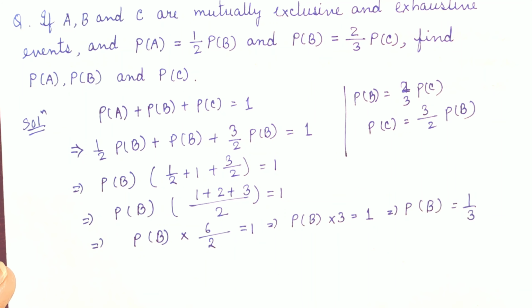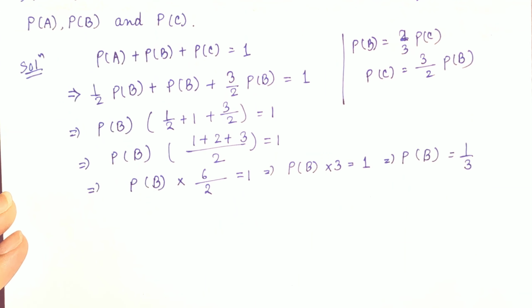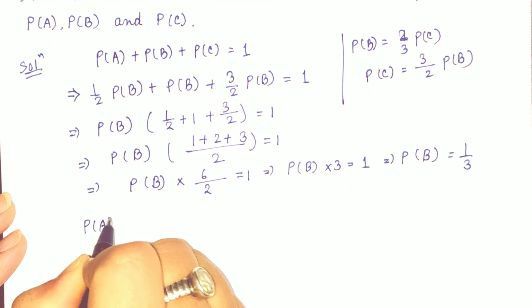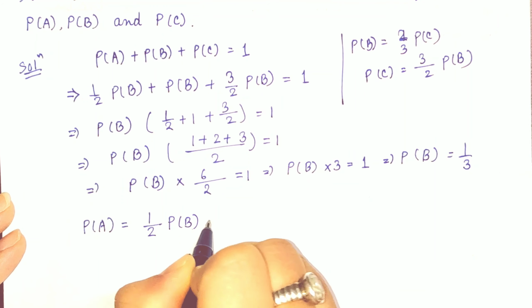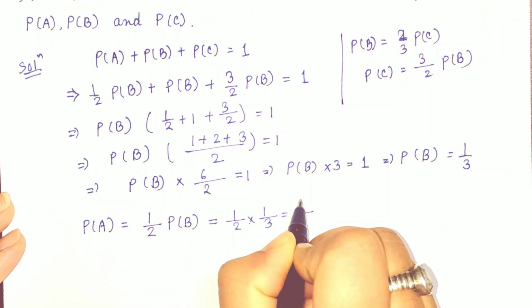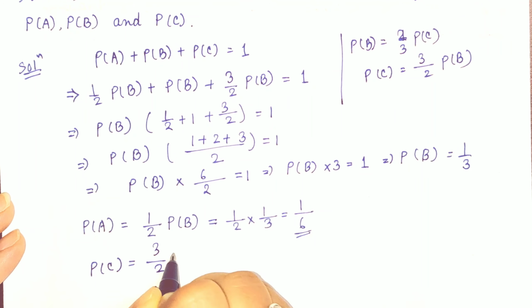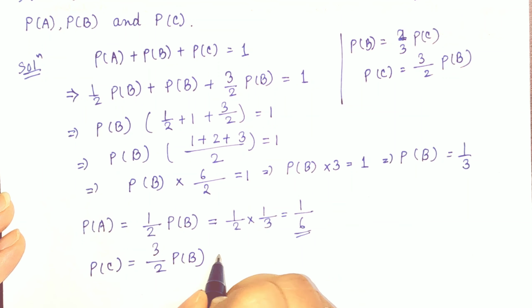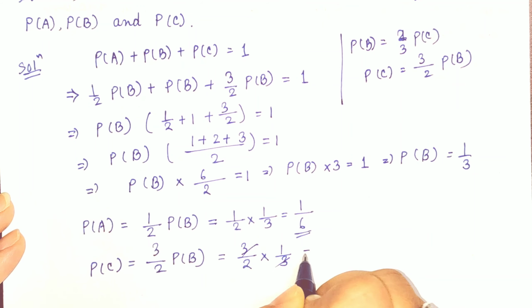We find out P(B) is equal to 1 by 3. Now we are to find out P(A) and P(C) value. P(A) is equal to 1 by 2 P(B), therefore 1 by 2 into 1 by 3, 1 by 6. P(C) value is equal to 3 by 2 P(B), so 3 by 2 into 1 by 3 equal to 1 by 2.